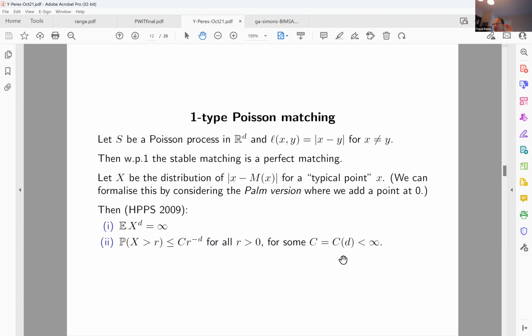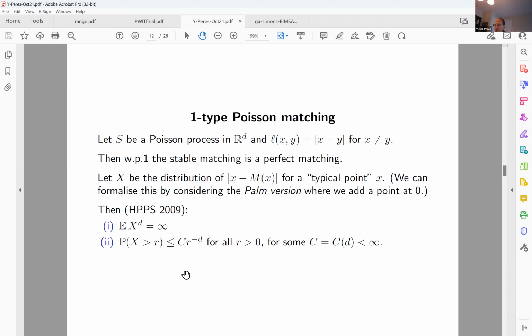And we look there at the distance that points are matched. In that case, it's very easy to see all points are matched. But if we take a typical point and look at the distance from X to its matched pair, what is the distribution of that distance? So it has finite moments in R^d, but no better.